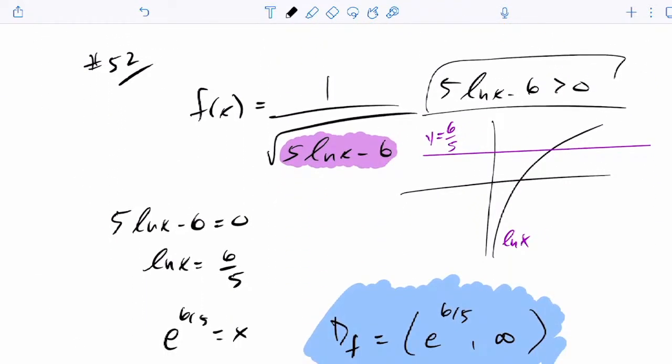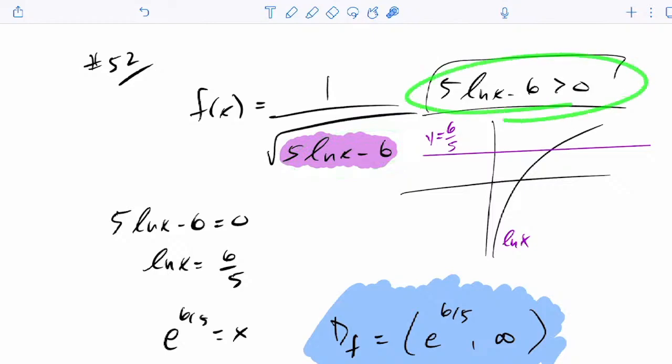I set it equal to 0 and solved. I didn't make up 6/5. I just add 6 and divide by 5. So ln of x is 6/5. You're finding when does the ln of x equal 6/5, then you want everything after that, right? Because you have to make sure that 5 ln of x minus 6 is greater than 0.